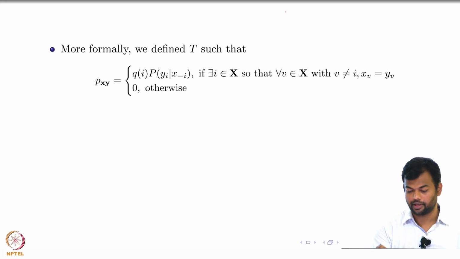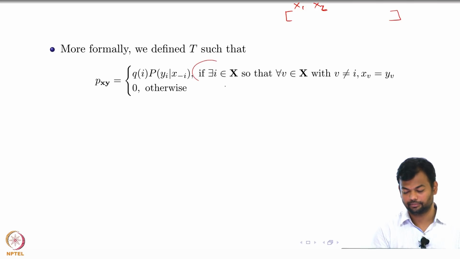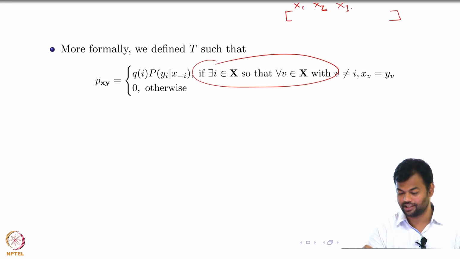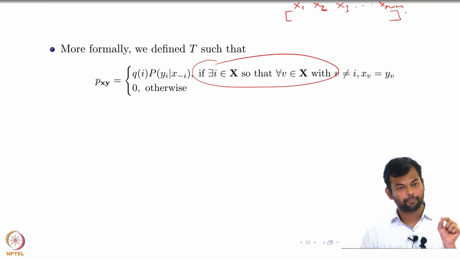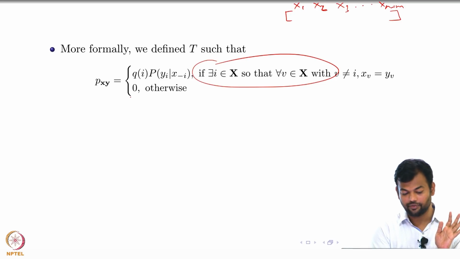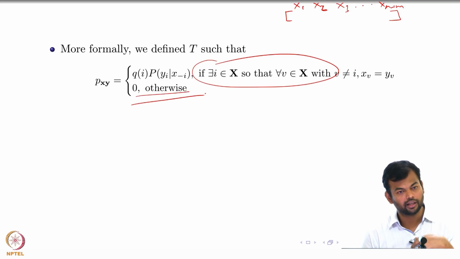So let's see, this is our capital X: x1, x2, x3 up to x(n plus m), right? So it's saying that T of xy is equal to 0, and I told you when it is going to be 0, right? So the otherwise case is clear.